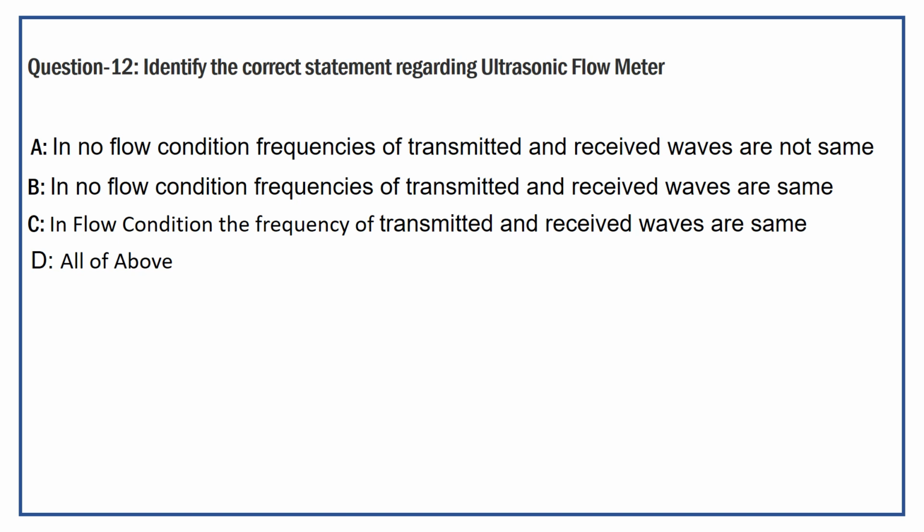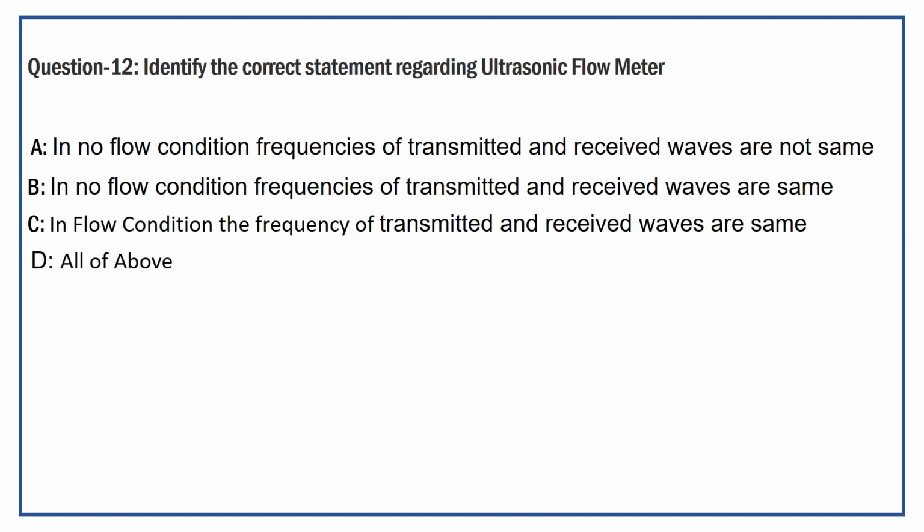Identify the correct statement regarding the ultrasonic flow meter. Let's see the options. Option A, in no flow condition, the frequencies of transmitted and received waves are not same. Option B, in no flow condition, the frequencies of transmitted and received waves are same. Option C, in flow condition, the frequencies of transmitted and received waves are same.